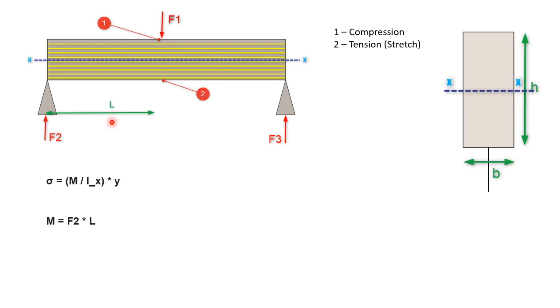Okay, this is a quite classical task, and in order to calculate the tension down here on the stretch side, sigma, which is the letter for tension, is the moment divided by the second moment of area, multiplied with the variable y. The moment here can easily be calculated by taking force F2 multiplied with L.